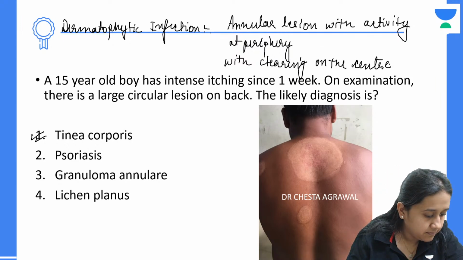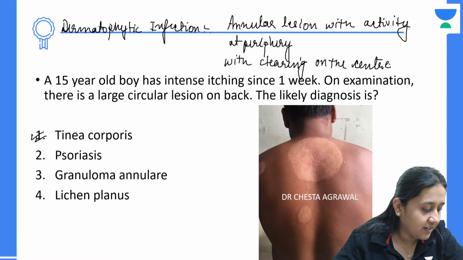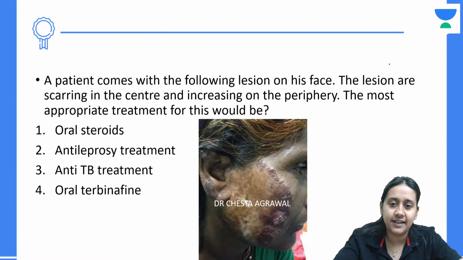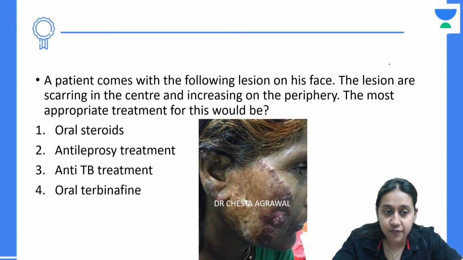Corporis is not only the anterior part, it can be anywhere on the body. If you see an annular lesion, this is tinea corporis, dermatophyte.